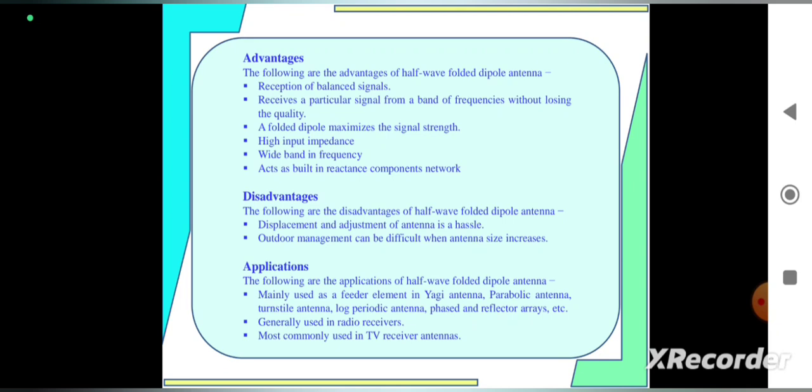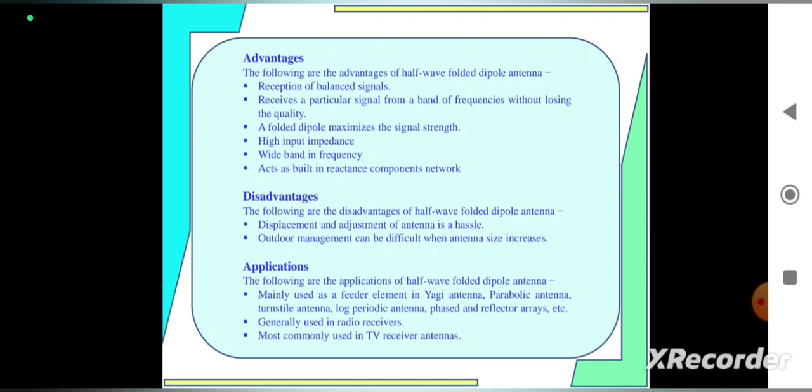At the center only we have an opening, but there we are giving the supply, that is the antenna feed point. It consists of two parallel closely spaced lambda by 2 dipoles joined together at the outer ends, forming a narrow wire loop. The antenna is fed at the center of one dipole, that is, the dipoles have the same voltage at their ends.